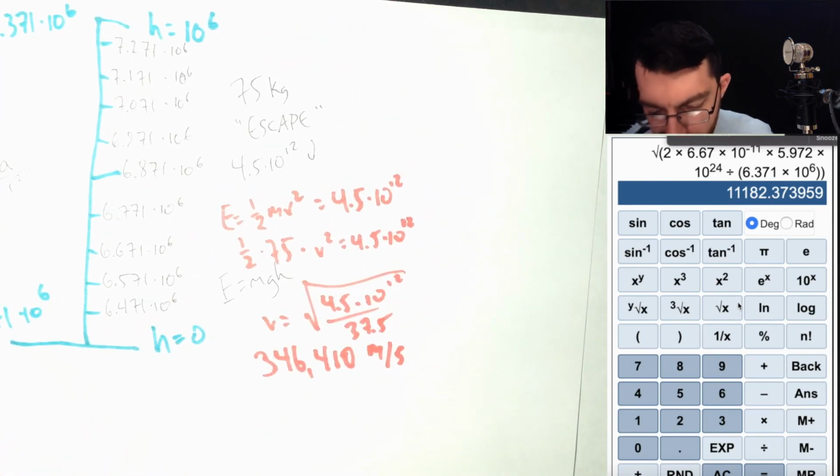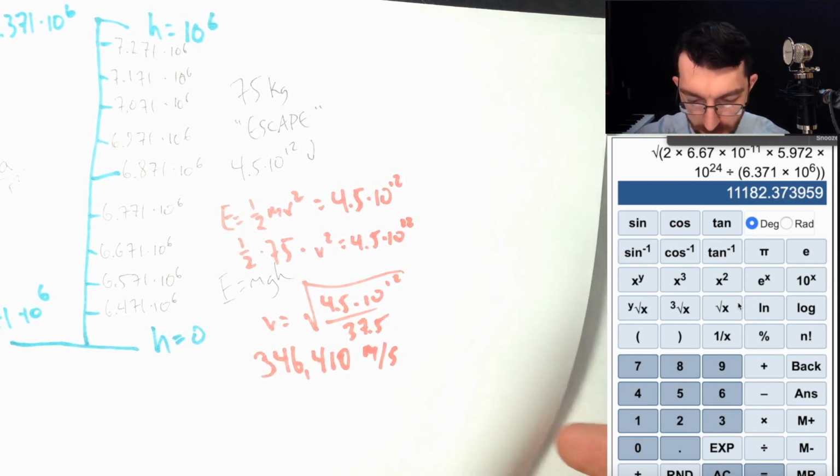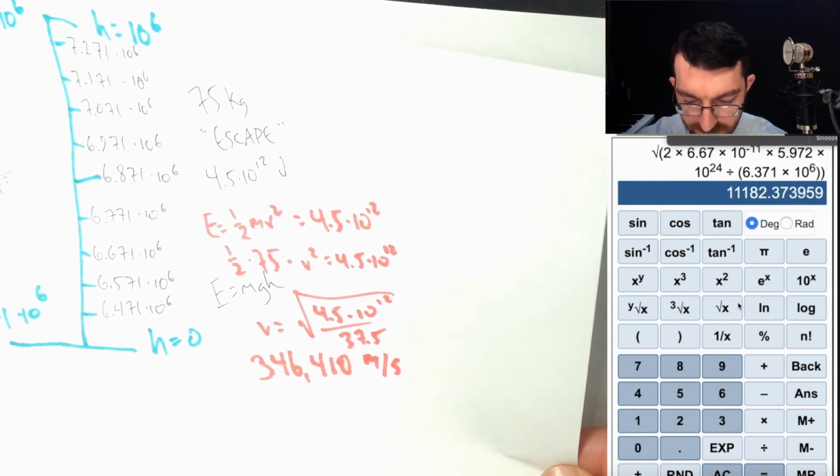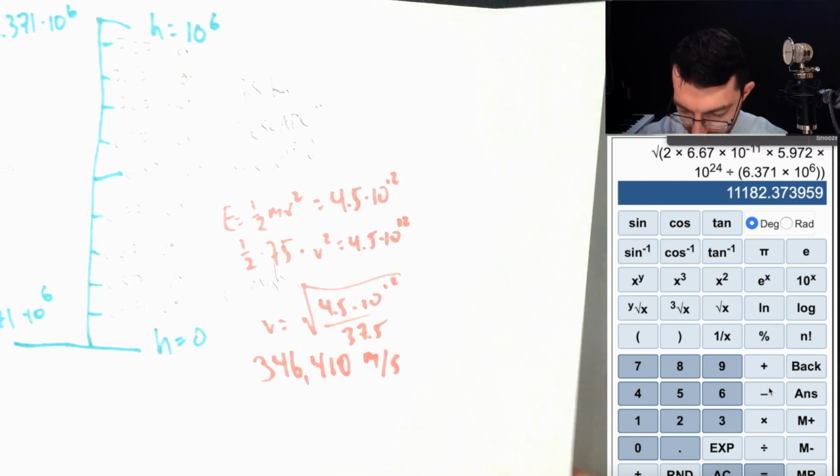So I found an energy for escape of 4.5 trillion. Did I miscount the zeros? Hold on a second. I think I miscounted the zeros. Oh no. Hold on a second. If I take this velocity, so let me enter this 11,182.